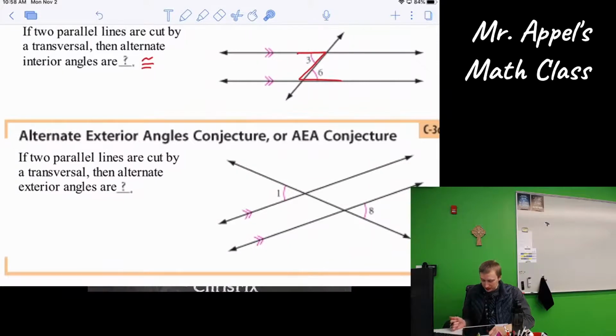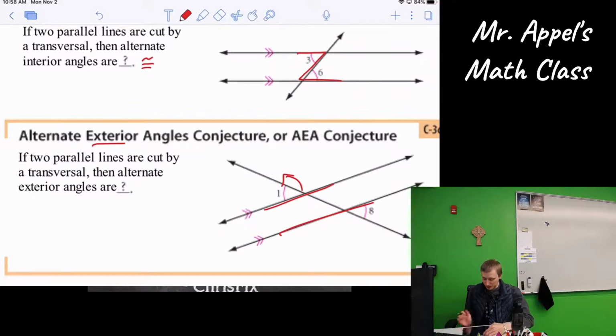Now, how about these guys? The alternate exterior angles. If we go on the outside and alternating because they're on opposite sides of that transversal, right? Notice from this line, one is on the left side, one is on the right side. They're on opposite sides of the transversal. And now they are outside of the parallel lines.